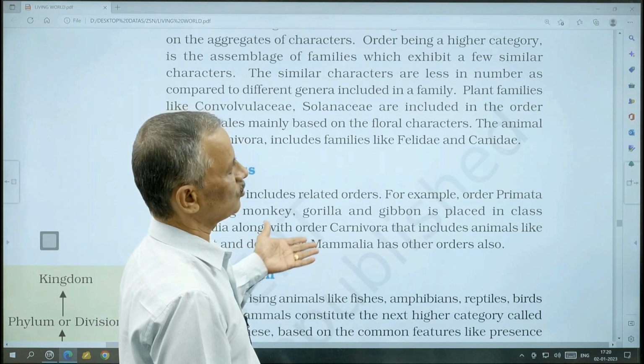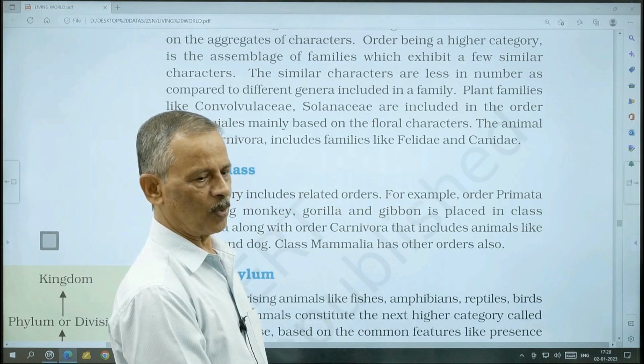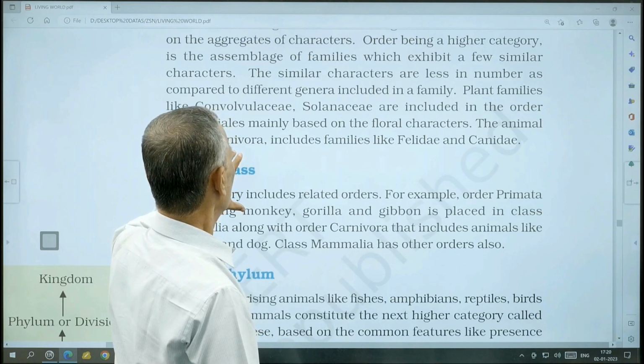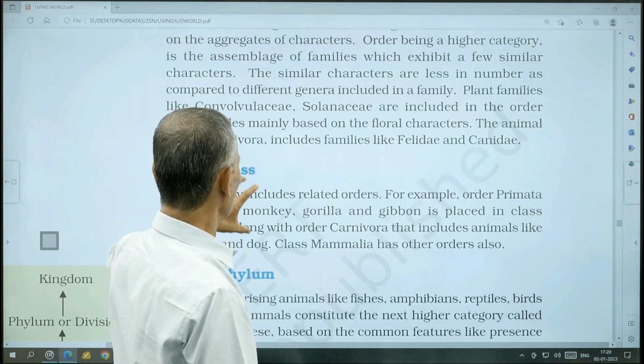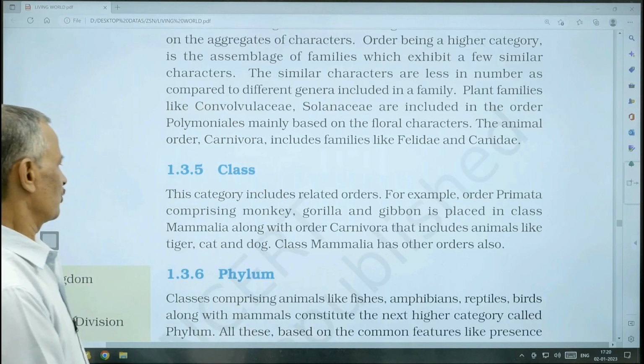We have so many other orders also, like Cetaceae, Proboscidae. We have a large number of orders which are all grouped under a higher taxon called class.